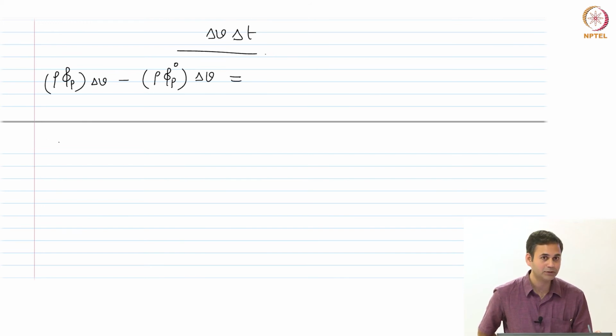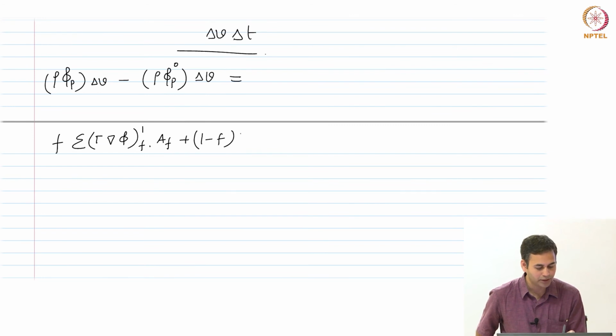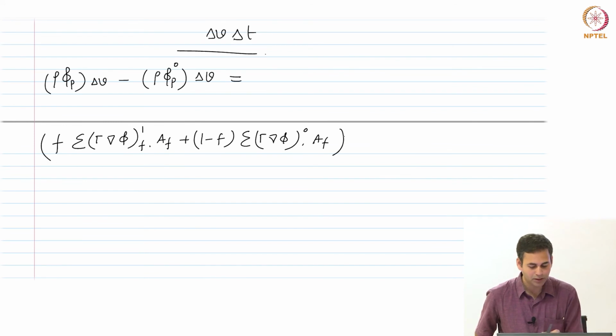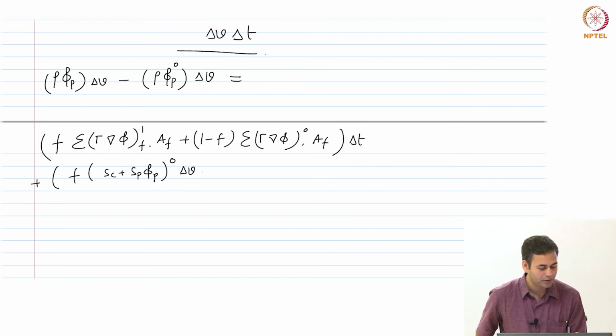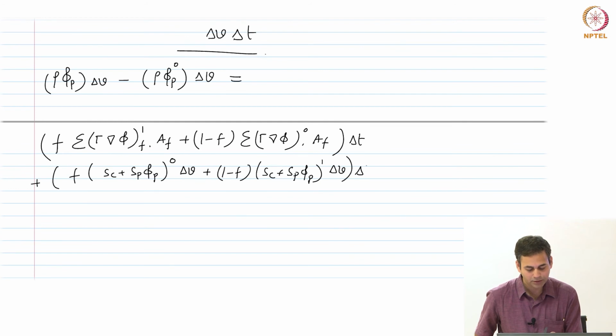We have f times, I will just write down whatever we have written, f times sigma gamma grad phi 1 dot A f plus 1 minus f times sigma gamma grad phi 0 dot A f, times delta t, plus we have f times SC plus SP phi p 1 times delta V plus 1 minus f times SC plus SP phi p 0 times delta V, times delta t. Is that correct?